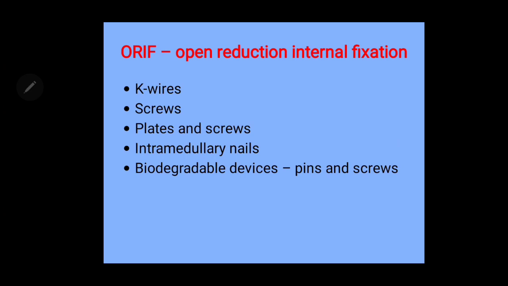This usually goes in pins, like K-wires, but of higher diameter. Usually a diameter is 2.7, 3.2, 4.0, 4.5, and screws which go in the same sizes as metal screws.